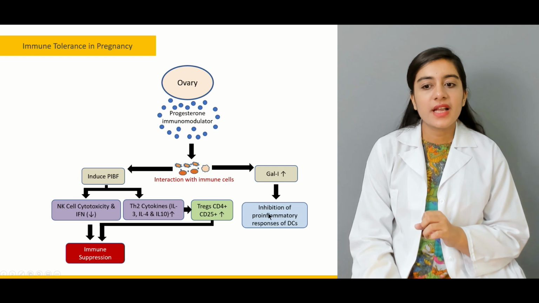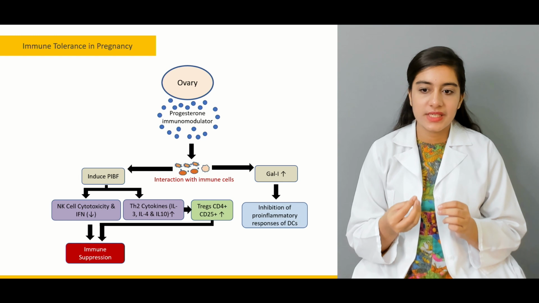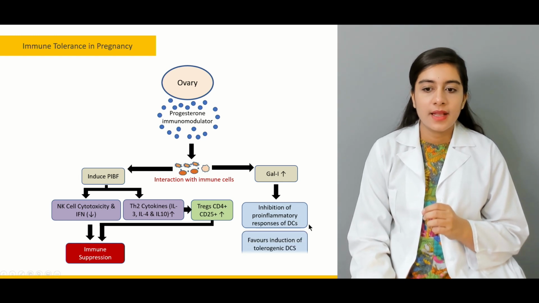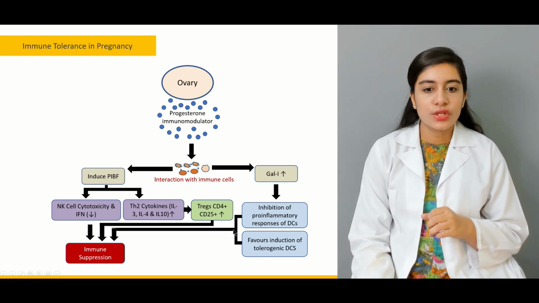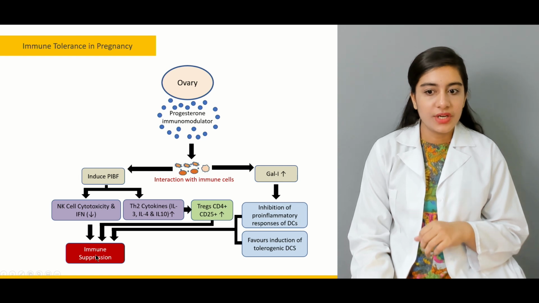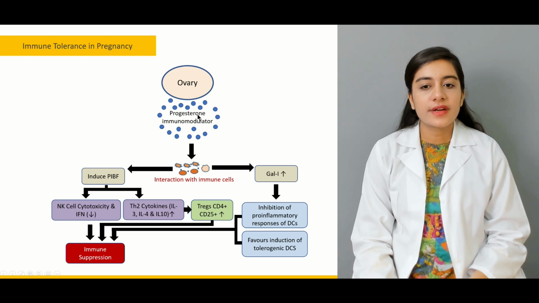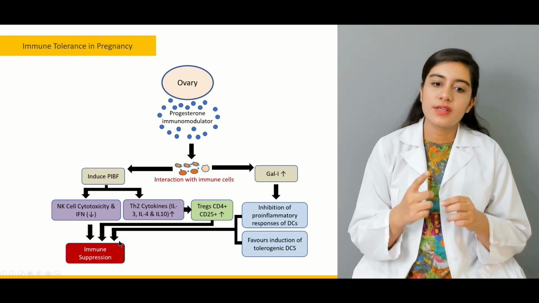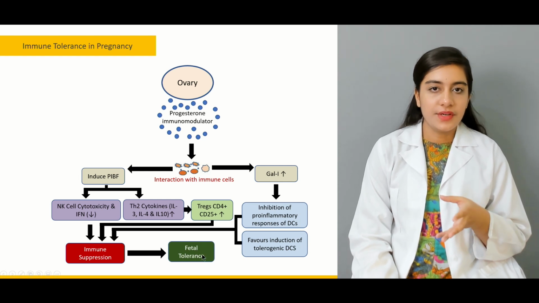This increase in Gal-1 causes inhibition of pro-inflammatory responses and favors the induction of tolerogenic DCs. This also reduces the immunity and is immunosuppressive. So basically the first interaction of progesterone with the immune cell produced these three reactions, and all of them are producing one result, that is immune suppression and again fetal tolerance.